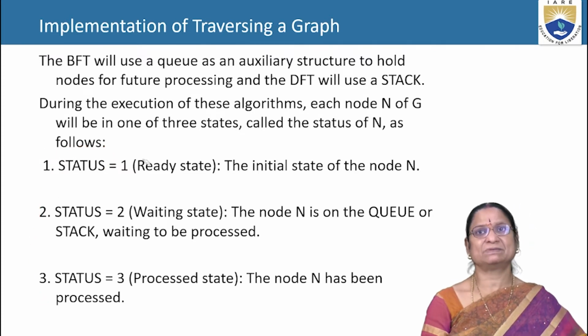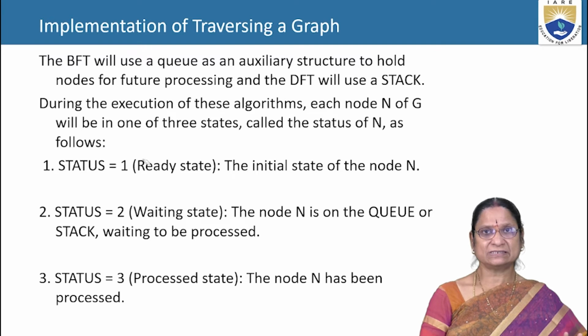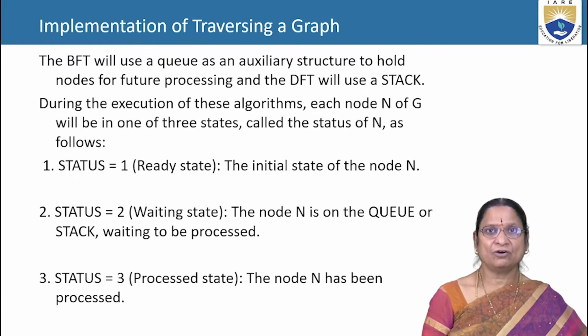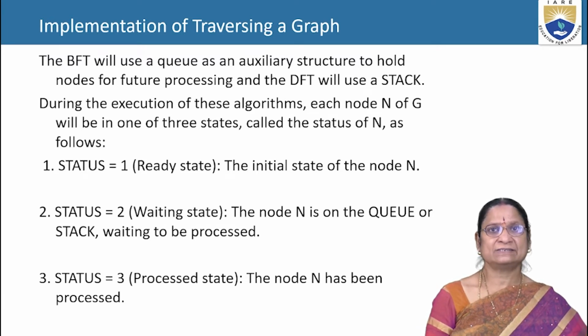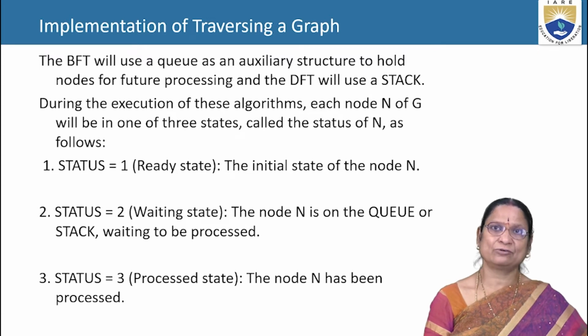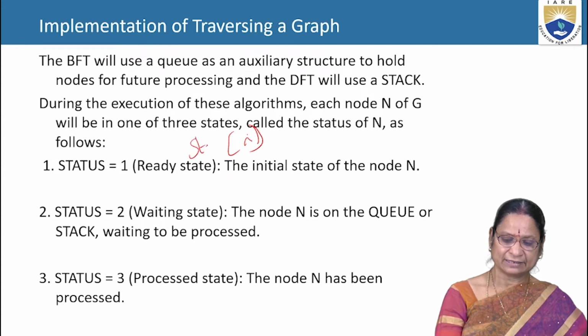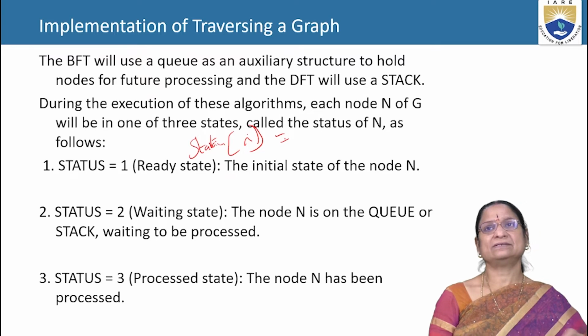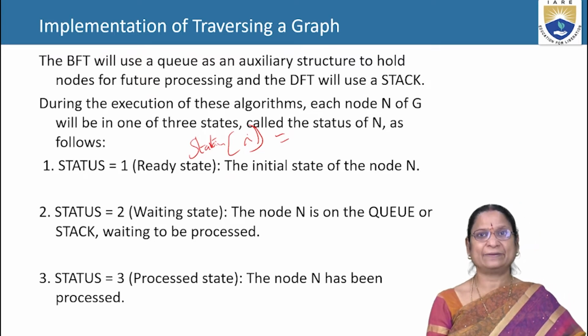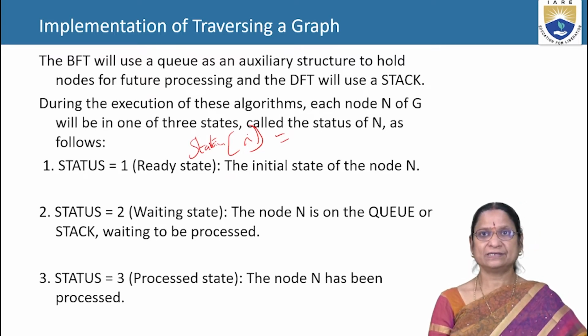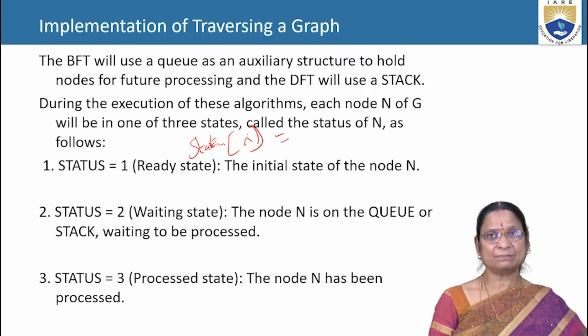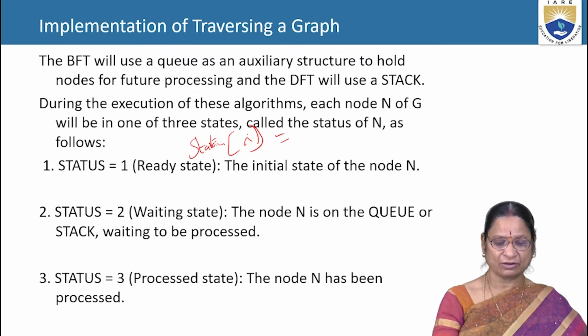What does this status specify? The status is an array of n vertices. For each vertex, the status is going to be represented. For example, status of i. Status is a single dimensional array. Status of i means the status of the node i. What are the possible values of this status?